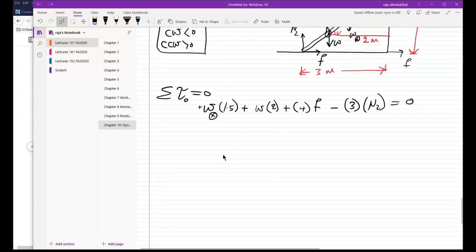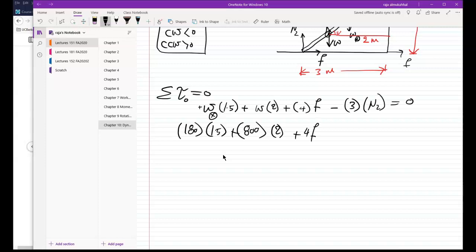So in this case, Wx, that's going to be 180 times 1.5 plus 800 times 2 plus 4F, I still don't know what F is, minus 3N2 equals 0. Work it out, you're going to end up with 270 plus 1,600 plus 4F minus 3N2 equals 0.